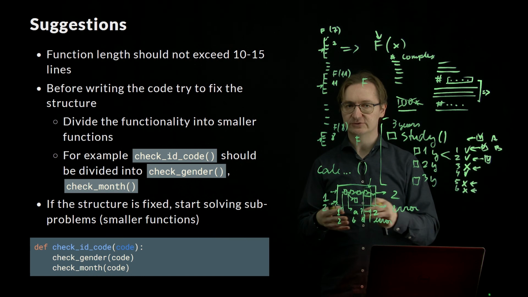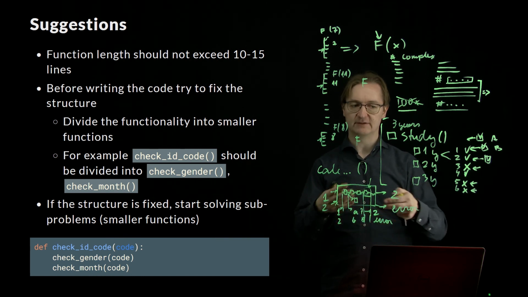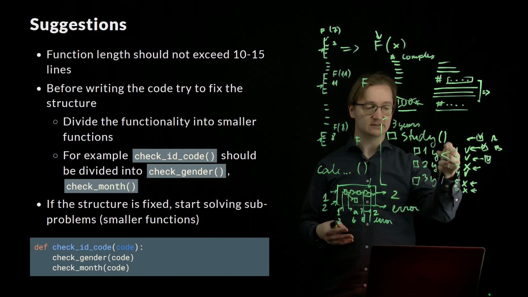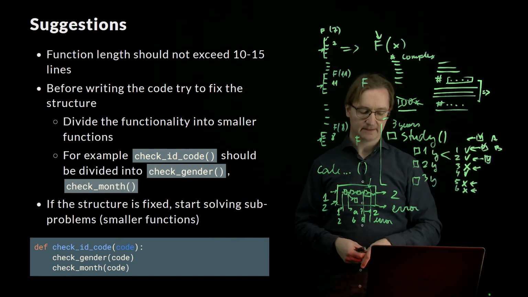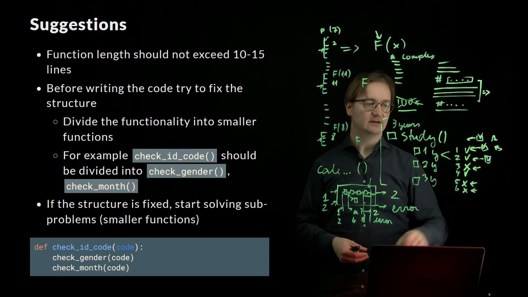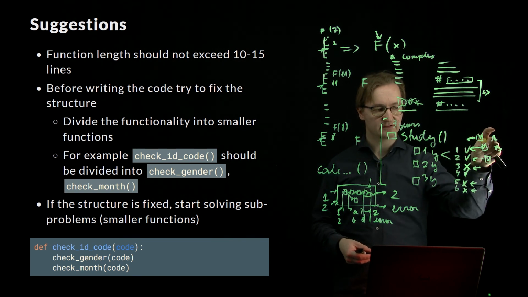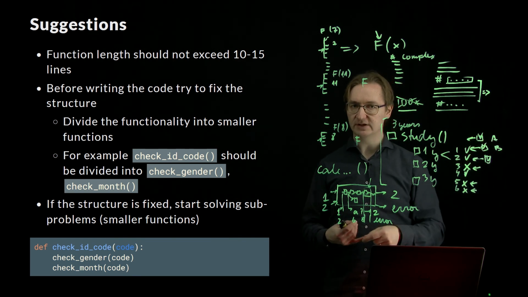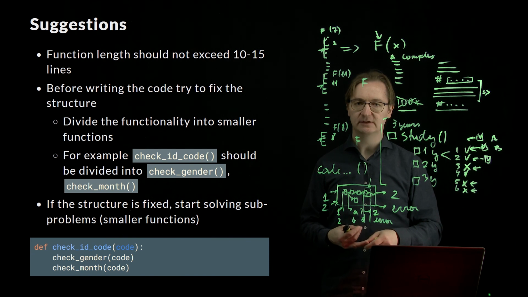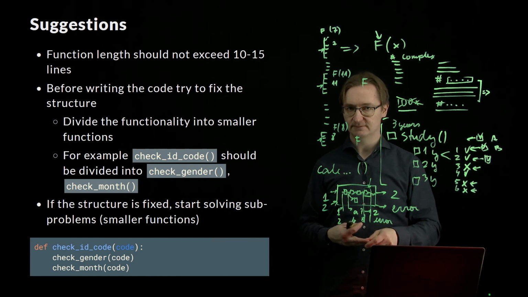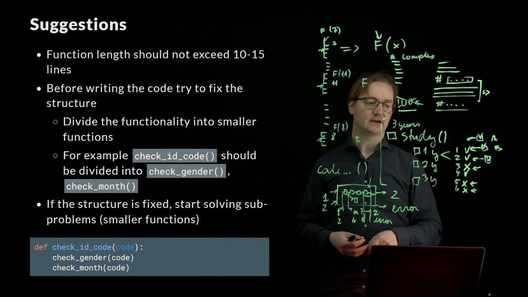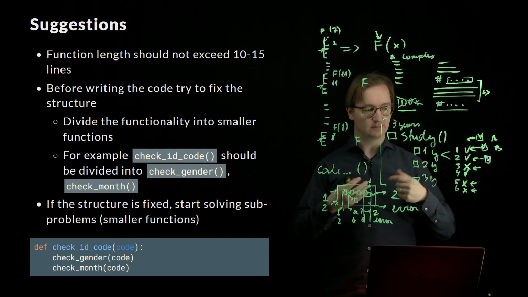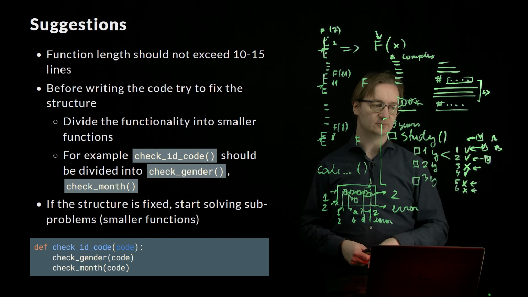Every function can also contain calls to even smaller functions, as is done here. And the smaller the functions are, the easier they are to read, the easier they are to implement, the easier they are to test.